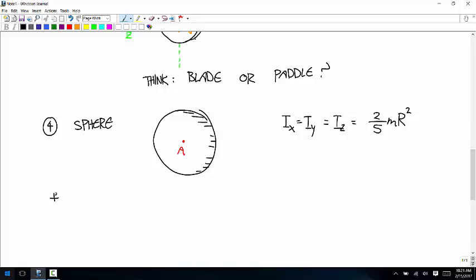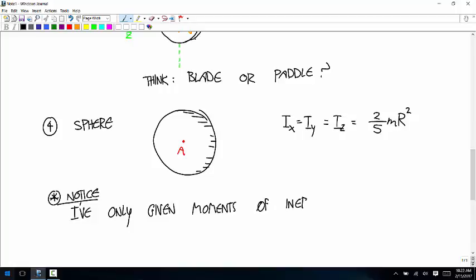Okay, so notice that all of these, I've only given moments of inertia about the centroid. Well, just a little bit that I've said about using the rotational version of Newton's second law, the moment equation, says that there are two possibilities for your about point.